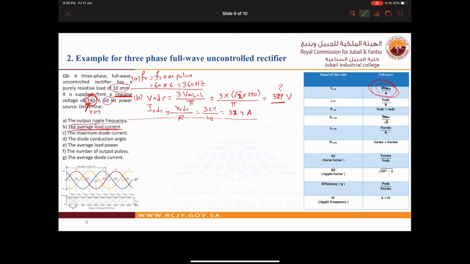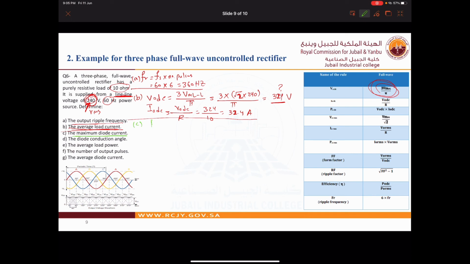Now, for C, he asked about the maximum diode current. The maximum diode current, again, the same as we have done in the half wave, 3-phase half wave controlled rectifier.